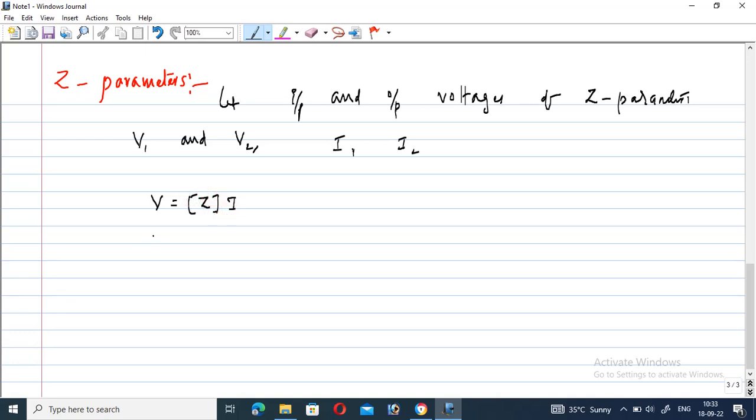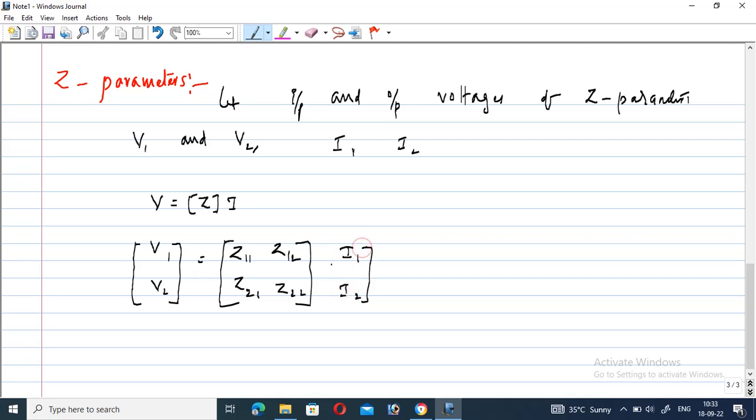So from this we can write this in matrix format. V is equal to V1, V2, as well as Z can be represented as Z11, Z12, Z21, Z22, and I can be represented as I1 and I2.